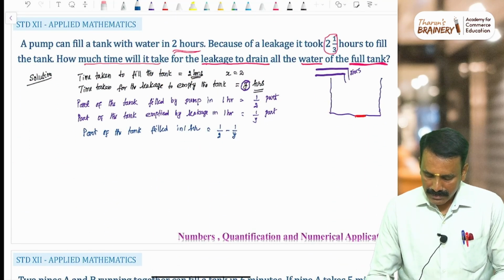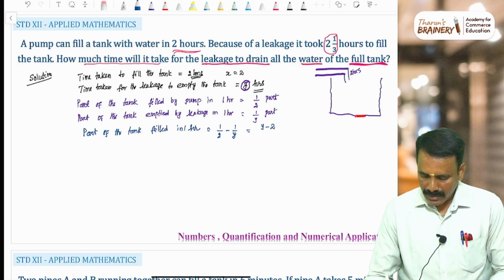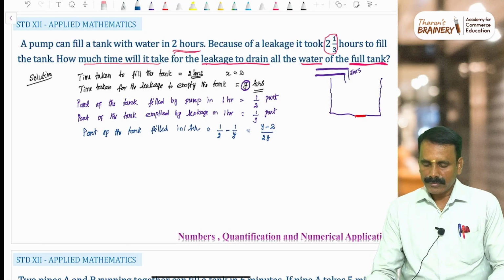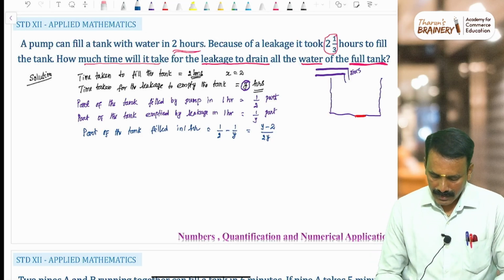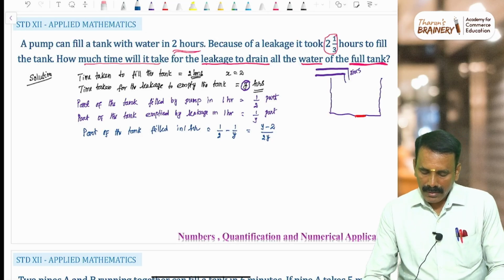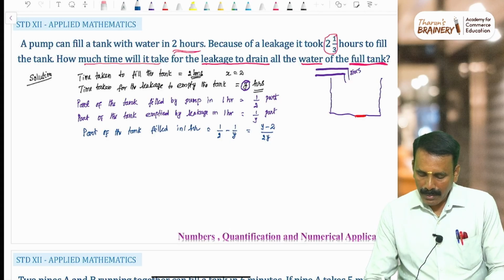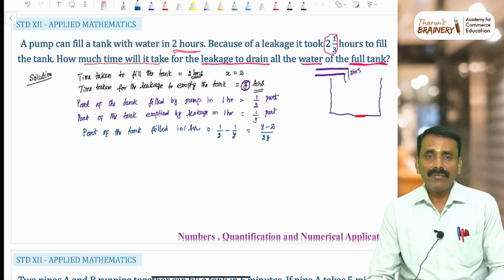So we try to take LCM, which is nothing but y minus 2 divided by 2y. So in 1 hour, y minus 2 divided by 2y part of the tank will be filled.